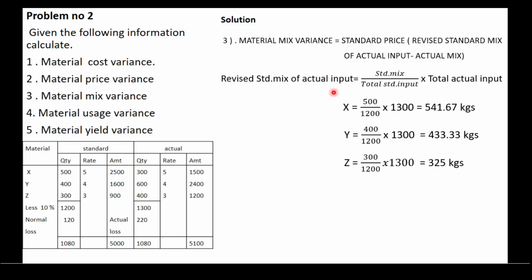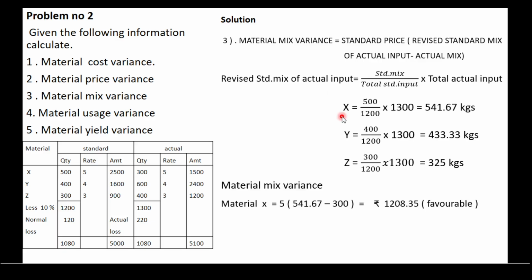So now we calculate the material mix variance. The material mix variance for the material X. Here the standard price is rupees 5, and the revised standard mix of actual input for the material X is 541.67 kgs minus the actual mix.